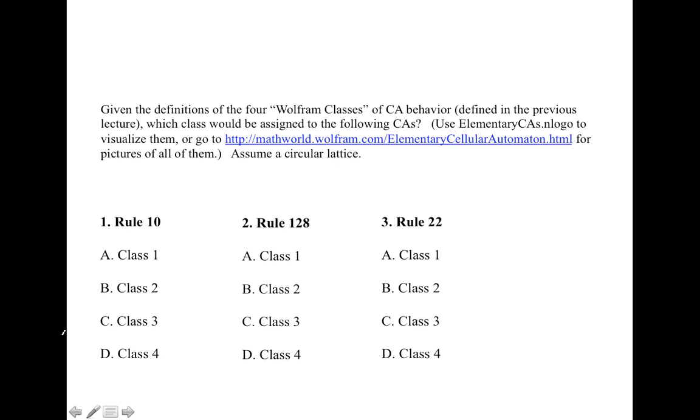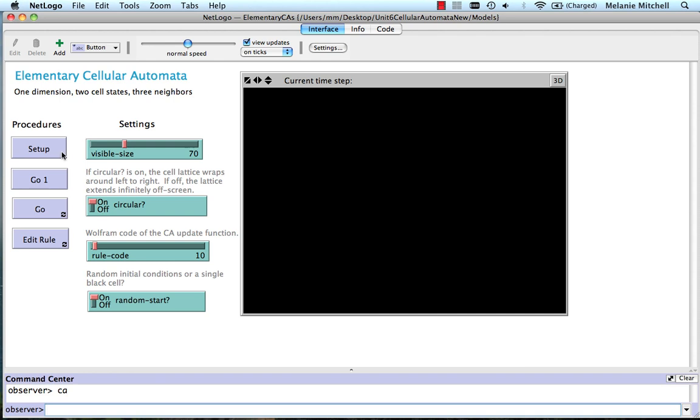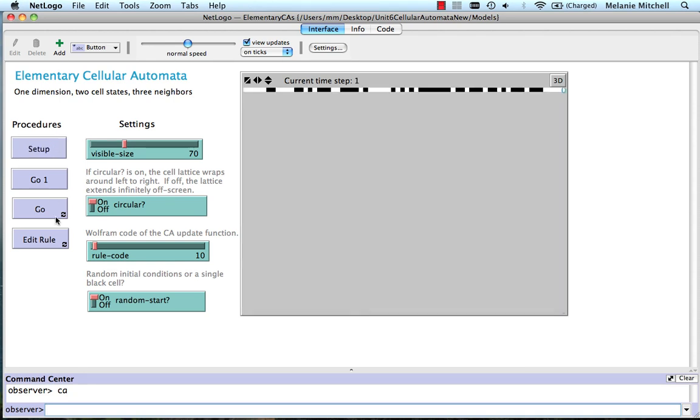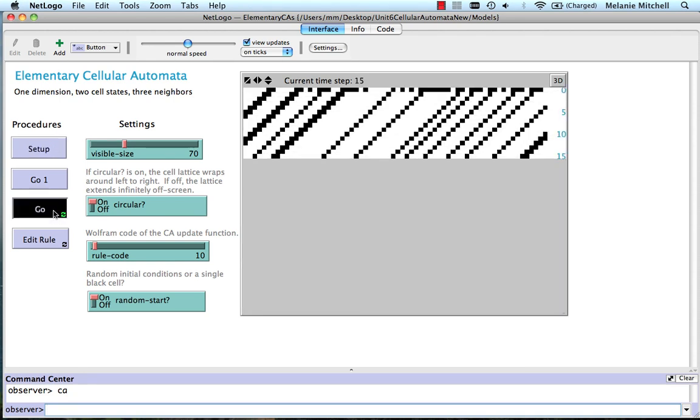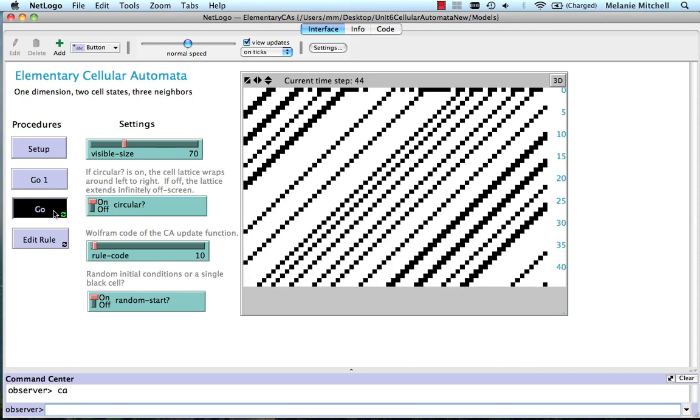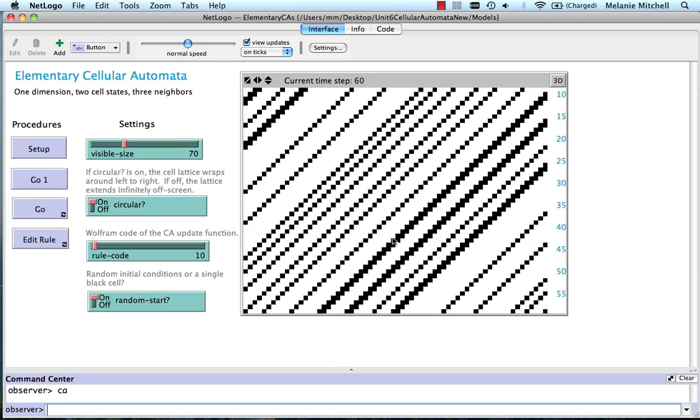It turns out that figuring out which Wolfram class a particular rule falls under is not always very straightforward. Let's look at Rule 10. If I do setup and go, we see these jagged lines and these diagonal lines going down across the lattice.